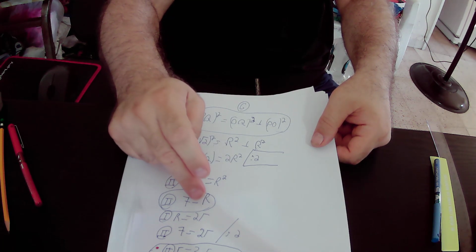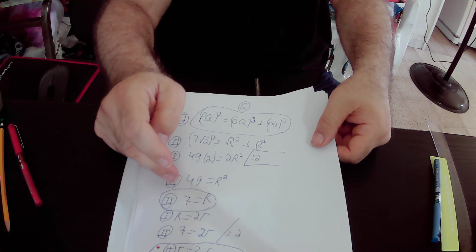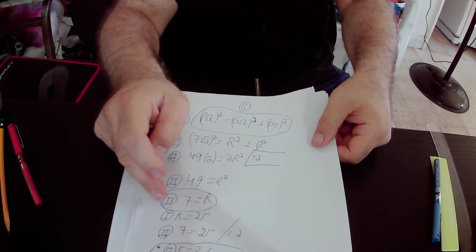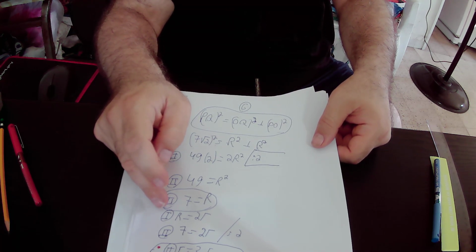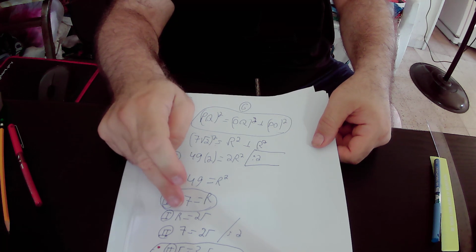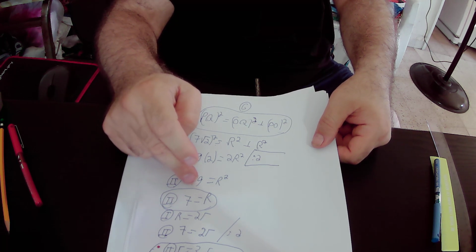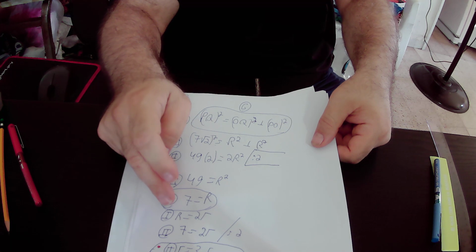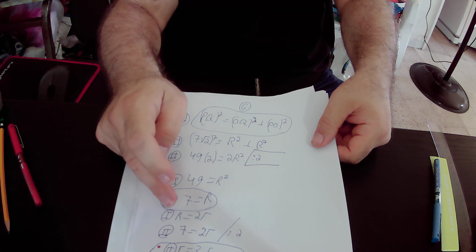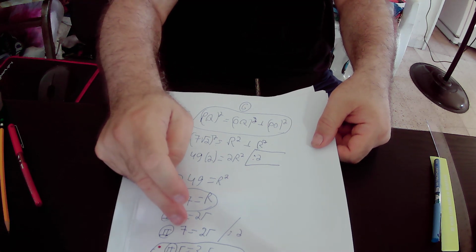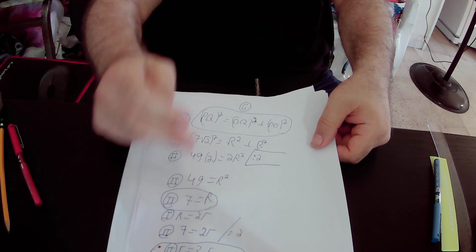Capital R equals 2 times small r. So in equation number 1 we can substitute R by 7 because capital R equals 7, and then we found out that small r equals 3.5 units.